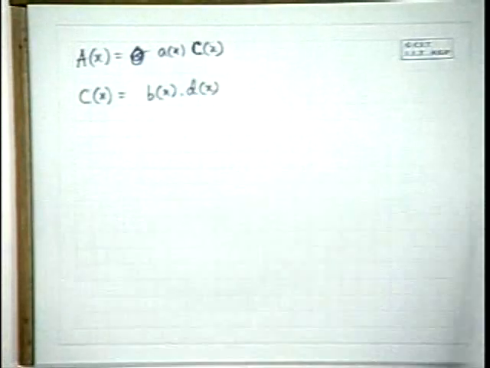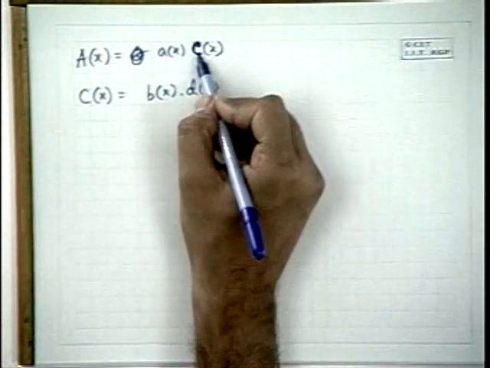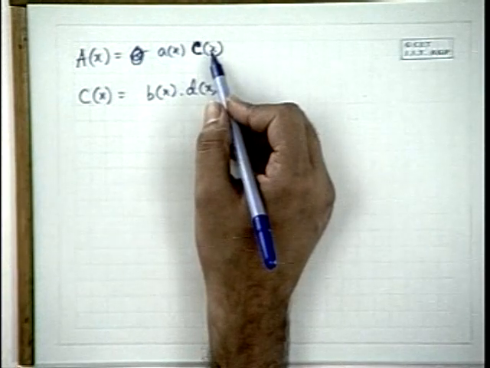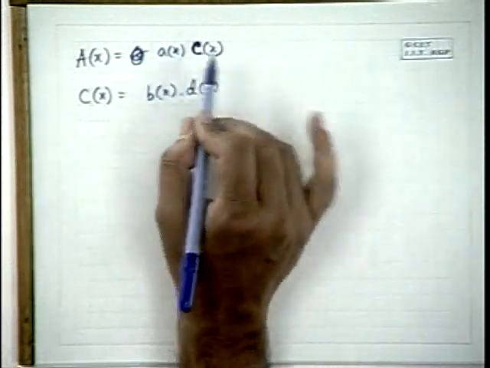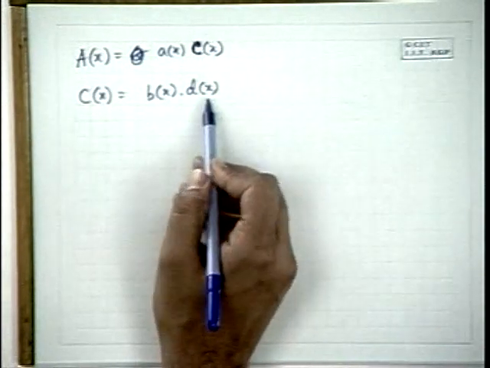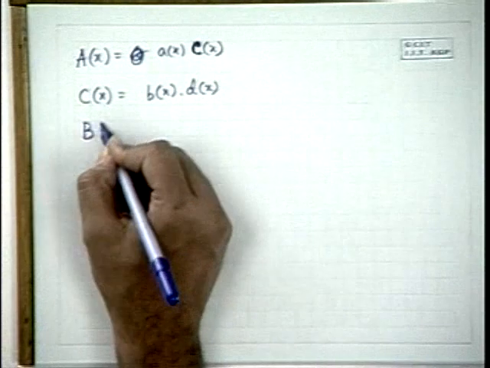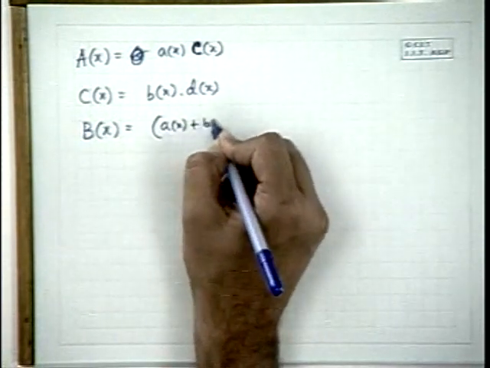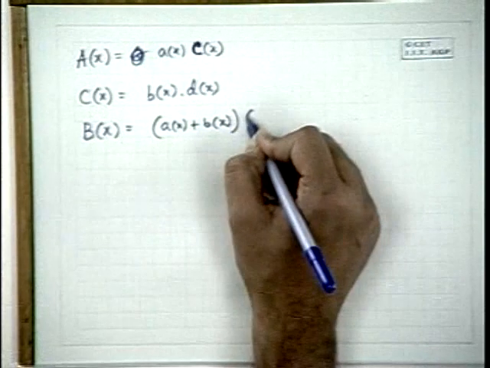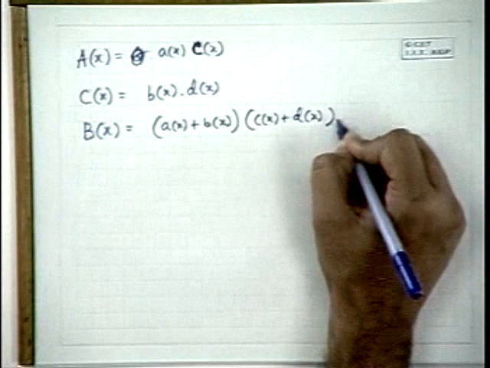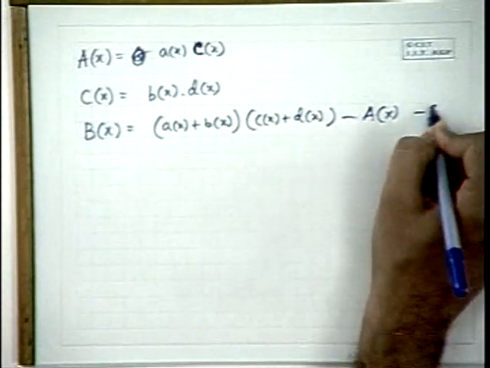You can see ax times cx will already have power more than n over 2, the way we have defined it. But this is just the definition. Ax is equal to ax times cx, cx is bx times dx, and then bx is nothing but ax plus bx times cx plus dx minus ax minus cx.